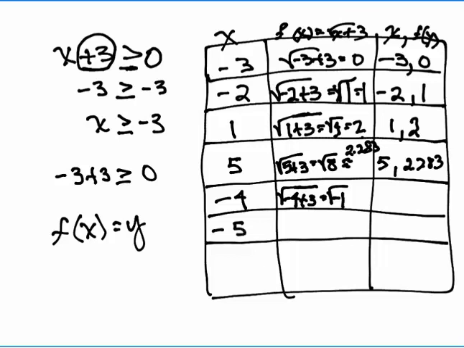Negative 5. Inside the radical, we have negative 5 plus positive 3, which gives me negative 2. Remember that x has to be greater than or equal to negative 3. Negative 6. Do the math inside. Negative 6 plus positive 3 gives me negative 3 inside the radical.